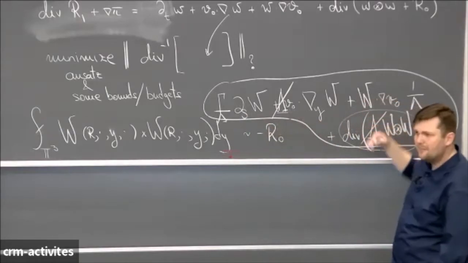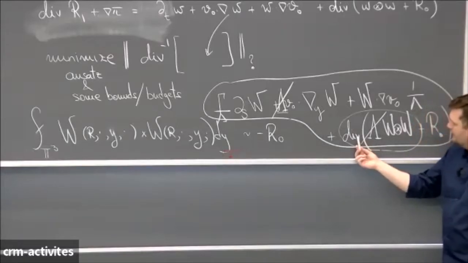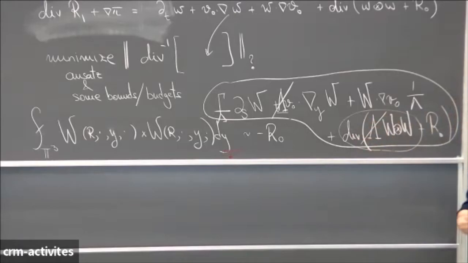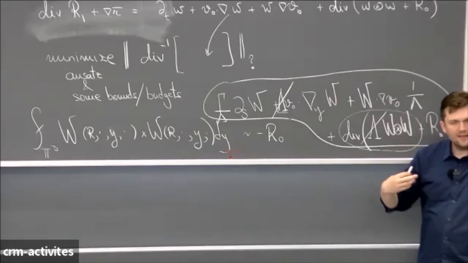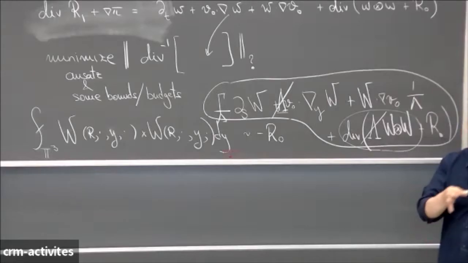I wrote them separately because they're really of a separate nature. So the idea that I'm going to try to make this as close to 0 as possible is the idea that with respect to this fast variable, my master function should be a stationary solution of Euler. Divergence of this tensor equals a pressure gradient is the stationary Euler. It's the definition of stationary Euler. So I should know that at least to leading order, my master function should be a stationary solution of Euler.